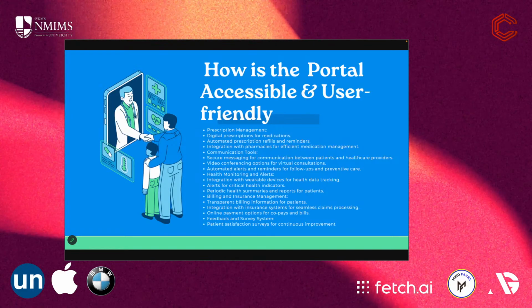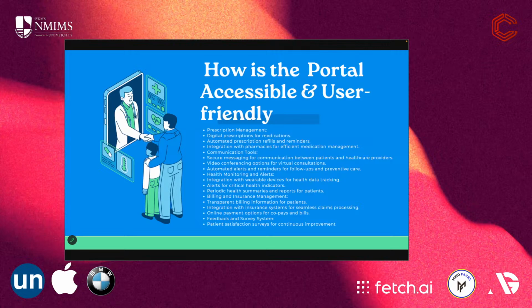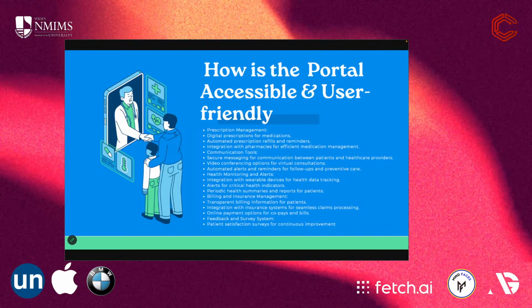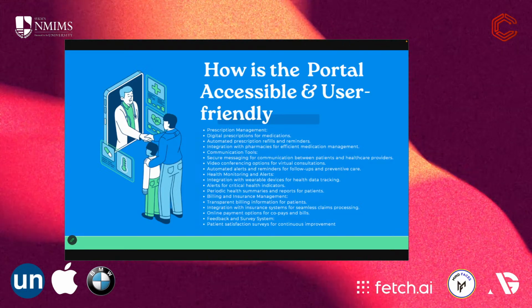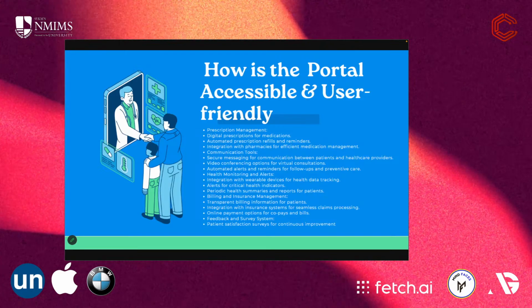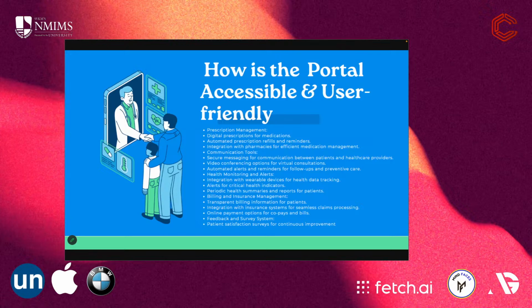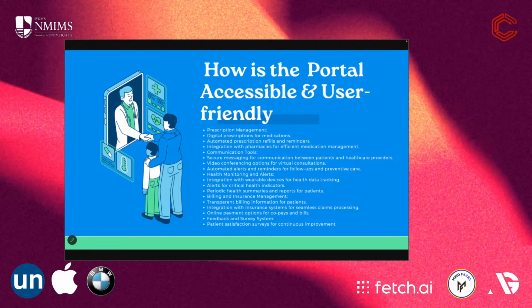There are options in our portal where you can easily book an appointment, and a health services option where you can choose what particular health service you want to go for. Then there are forms for that. Then there is automated prescription for refills, and reminders you'll get on the portal, which is easy to access for every patient in the clinic.